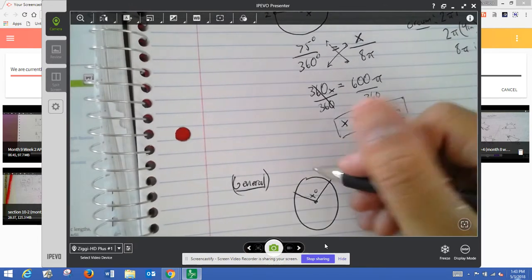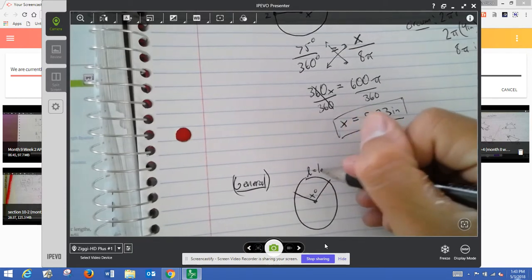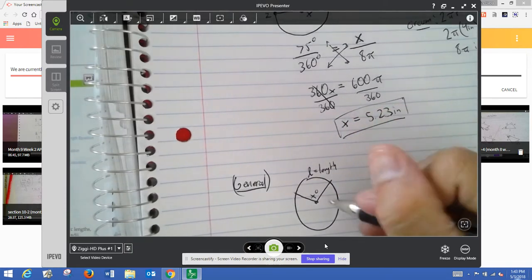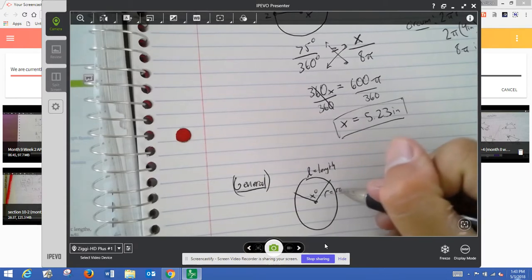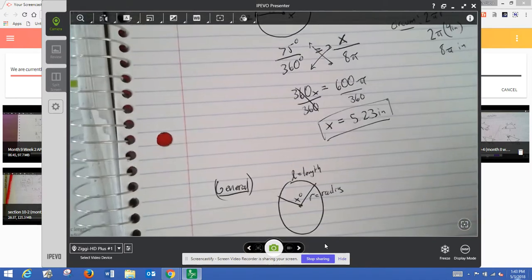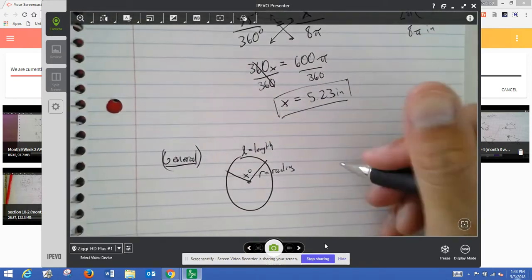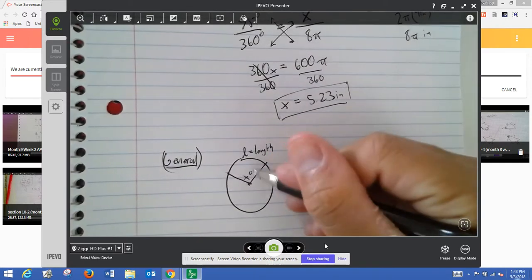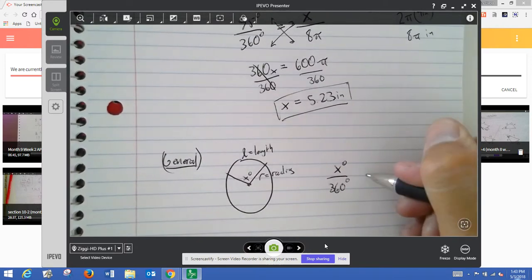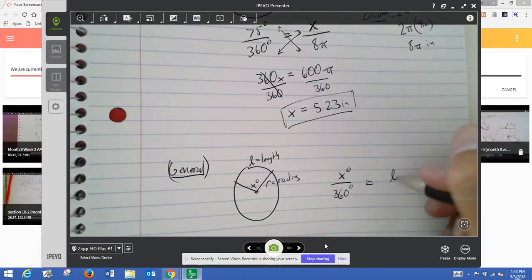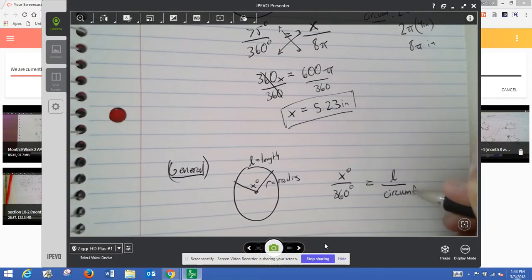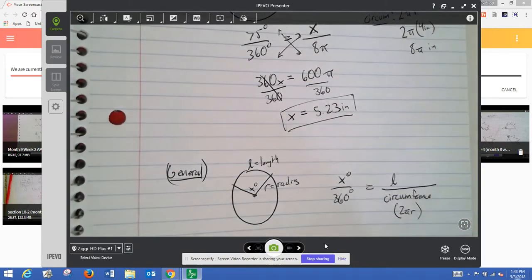This is the length L. L stands for length. R is radius. So what you did was you took x degrees divided by 360 degrees. You set that equal to the length, which you don't know, divided by the circumference. Does that make sense? And the circumference, in case you don't remember, is 2 pi r. That's what you just did. Does that make sense?